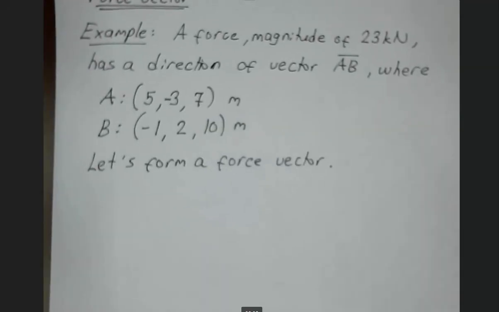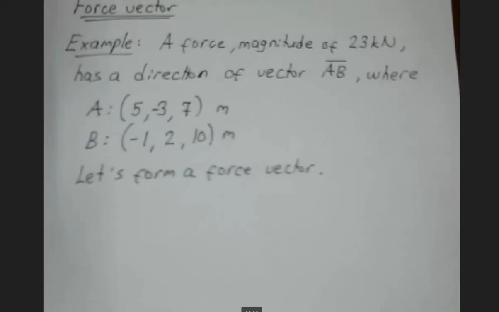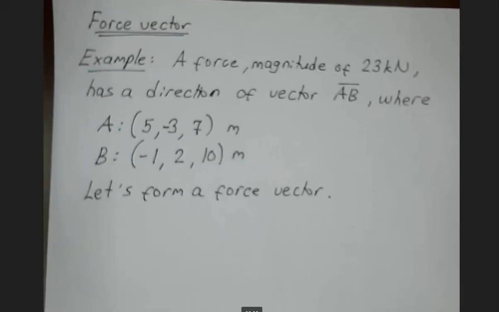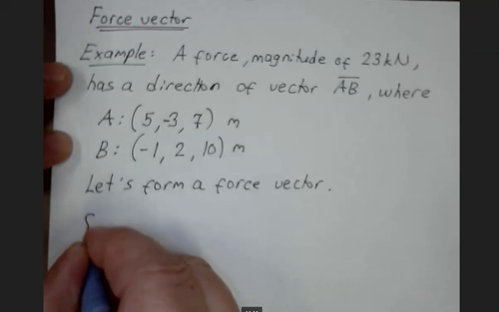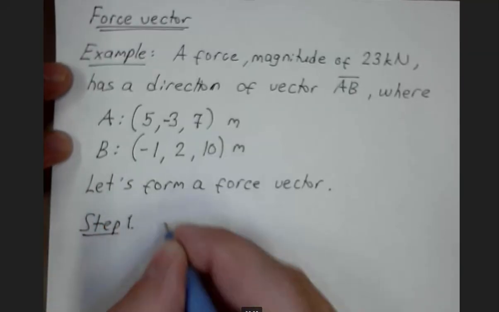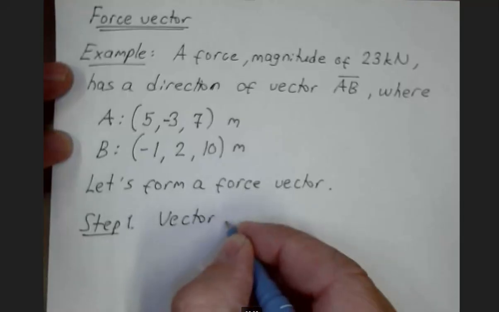And in this case we have to do this with some steps. The first step would be the formulation of the vector AB. So let's take step 1, vector AB.